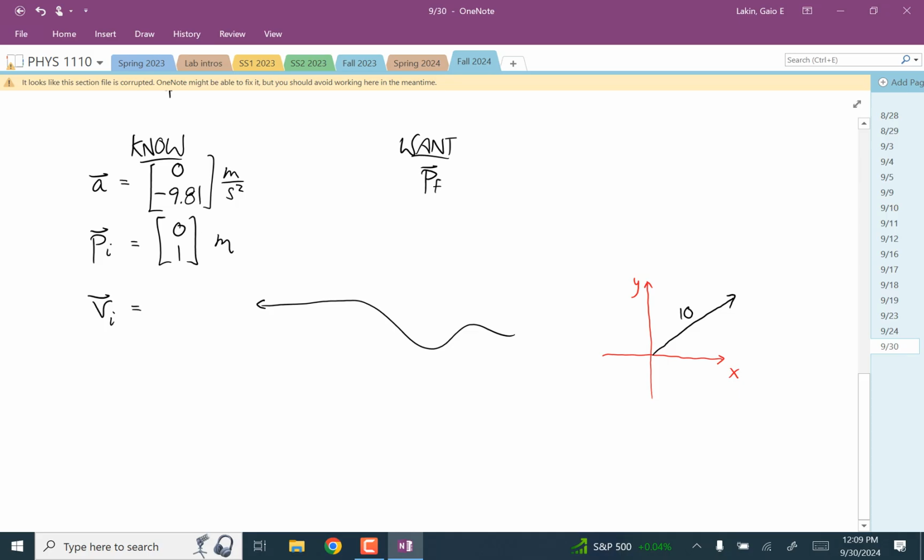To go counterclockwise from the x-axis, you have to go 40 degrees. And so this is going to be 10 times the cosine of 40, 10 times the sine of 40. And so that comes out to be 7.66, 6.43.